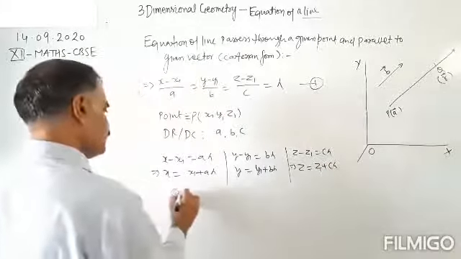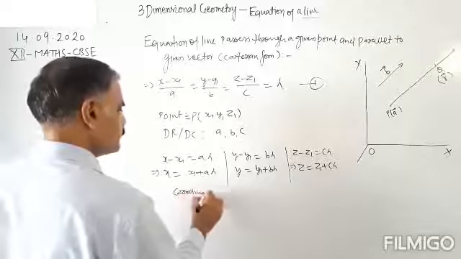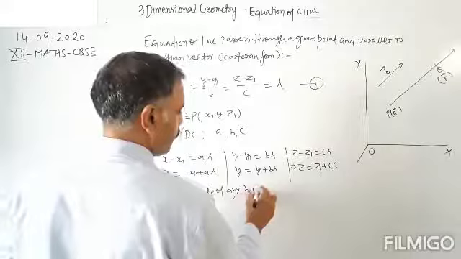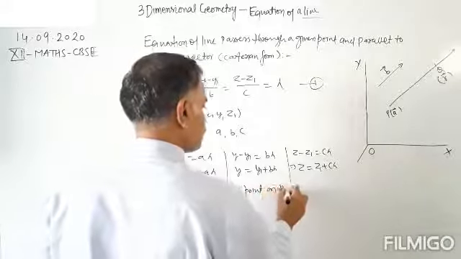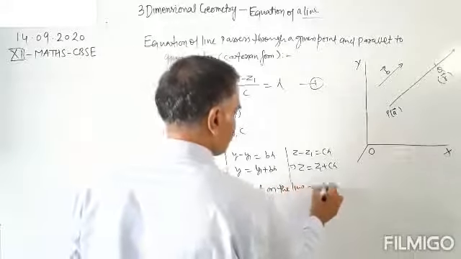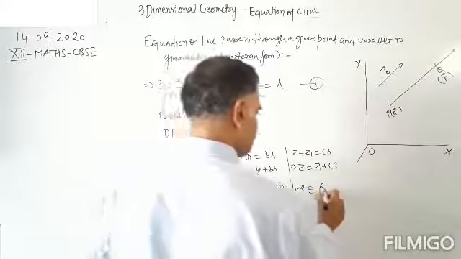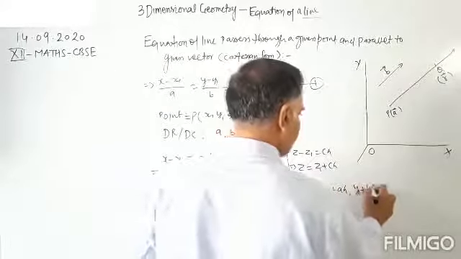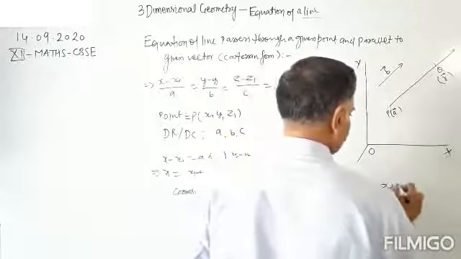So the coordinates of any point on the line are x1 plus a lambda, y1 plus b lambda, and z1 plus c lambda.